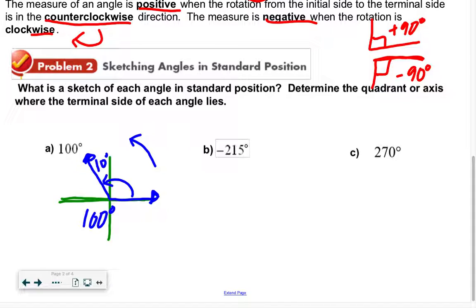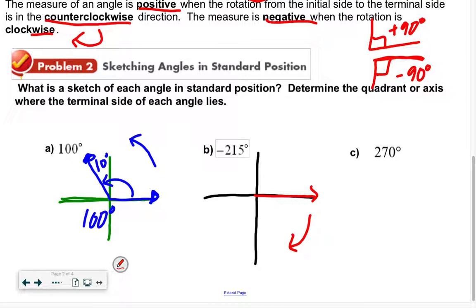Oh wait, negative 215. Again, we're going to start with our standard XY. I'm going negative, and I start here. Negative, do I go clockwise or counterclockwise? Clockwise, so I'm going this way. I'm going down. 215, well, this line is negative 90.